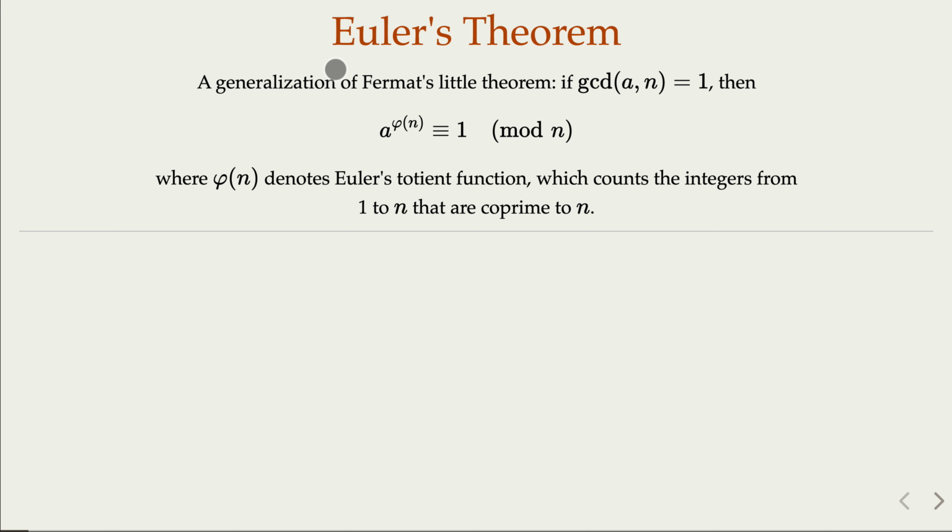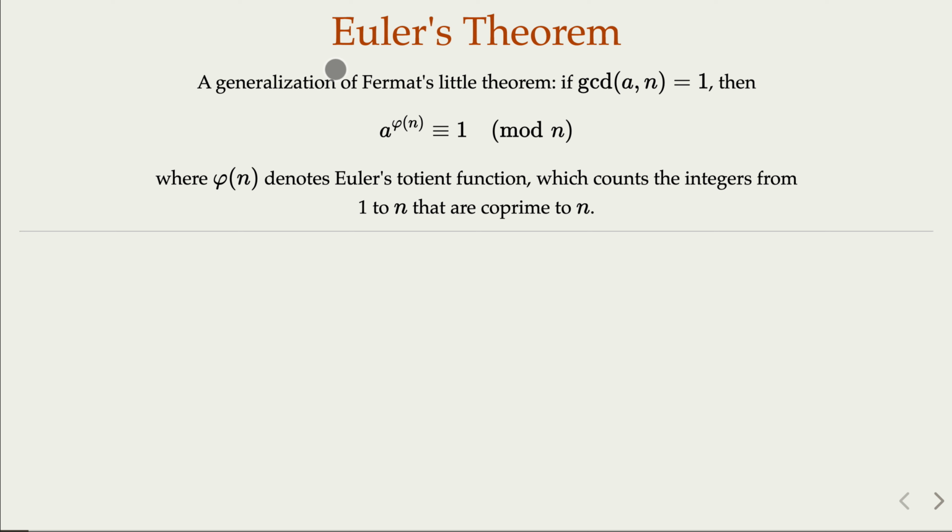It says that if a and n are relatively prime, then a raised to phi of n, Euler's totient function, which counts how many numbers are relatively prime to n. For a prime number p, phi of p would be p minus 1, since all the numbers smaller than p are relatively prime to p. That's a fact we're going to rely on.